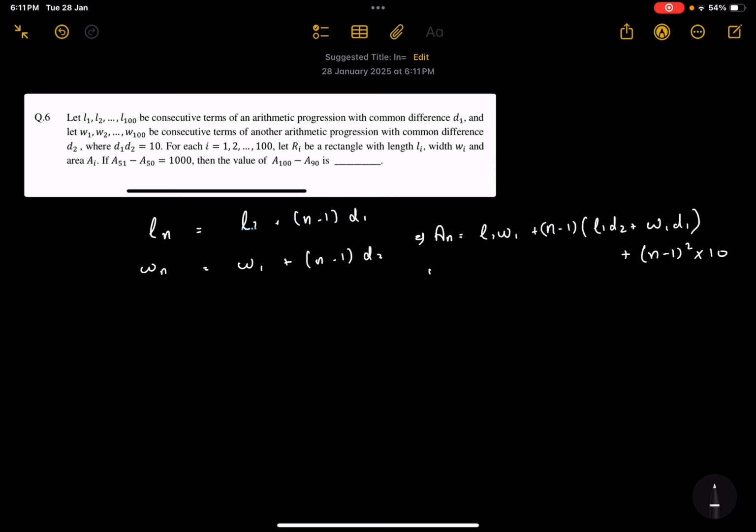So we now have An in terms of n - 1, L1, D1 and all those things.